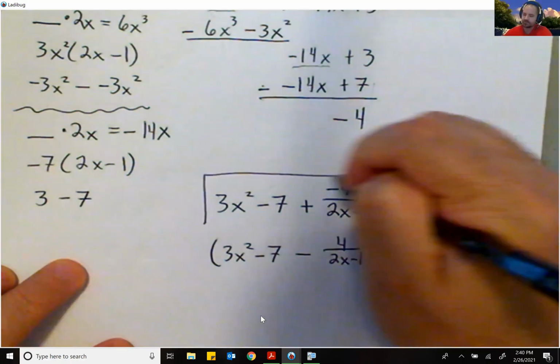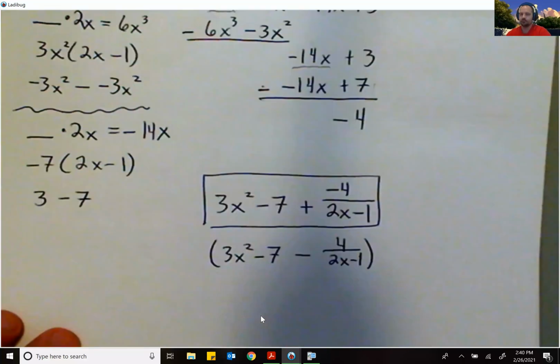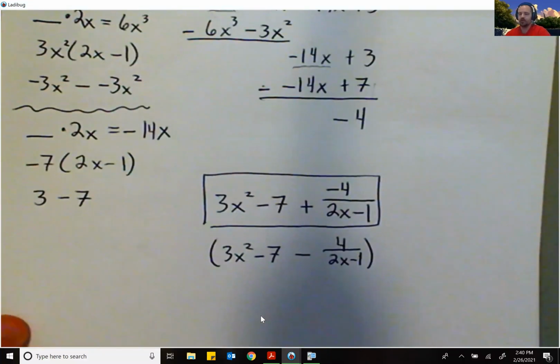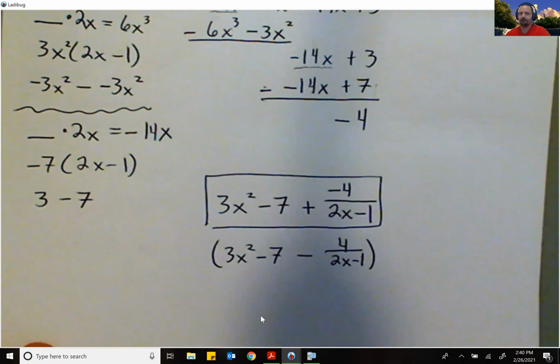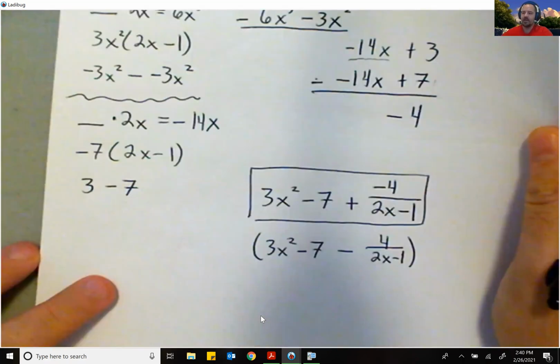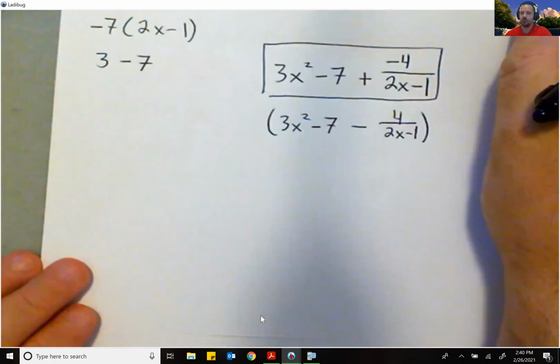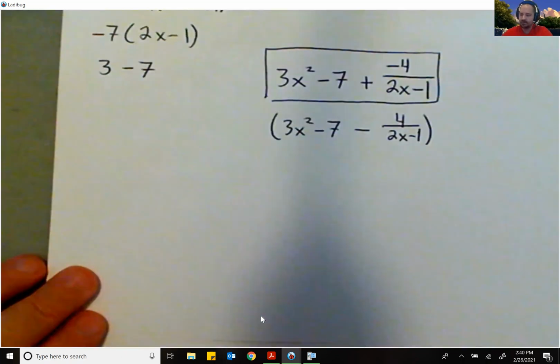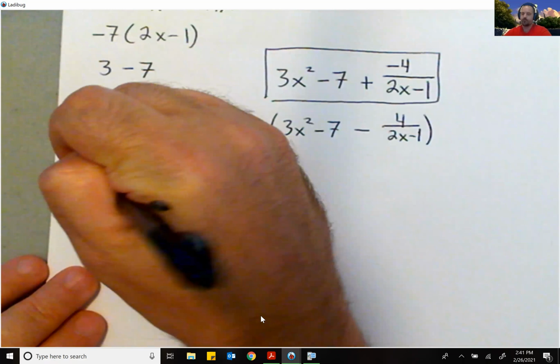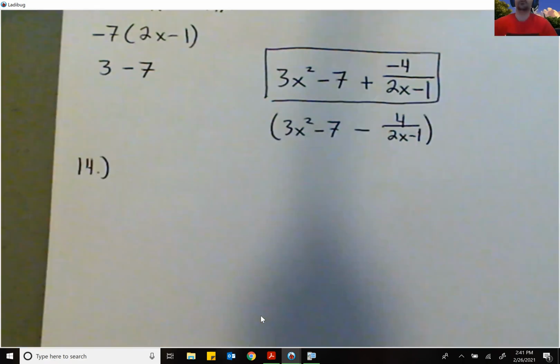Either one of those is A-OK. Any questions on number 13? No. That is your only long division problem. Everything else on this from 14 through 20 is factoring. So let's see how good these factoring skills are.